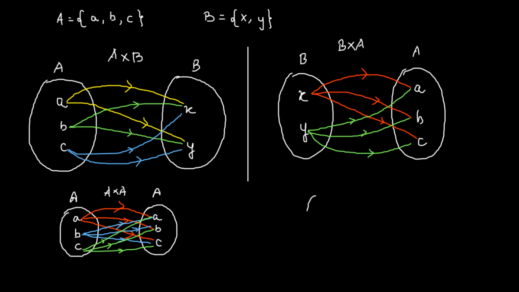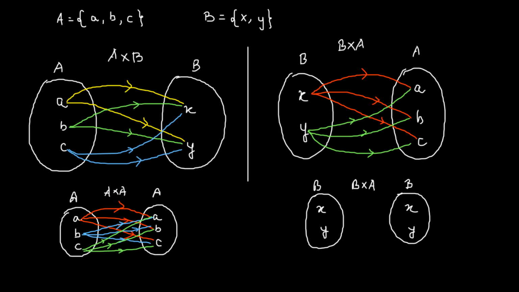Now we're going to find the Cartesian product of B with itself. So B cross B will be simply, first we specify the elements, which will be X and Y in both cases.